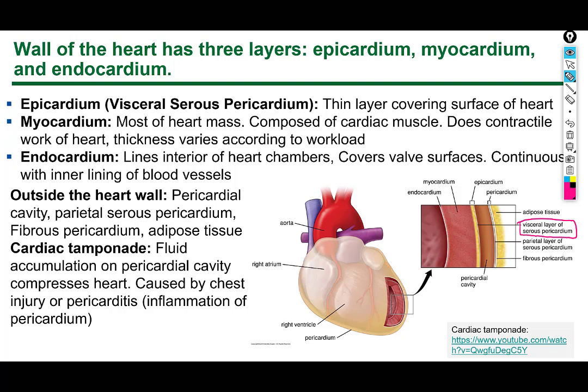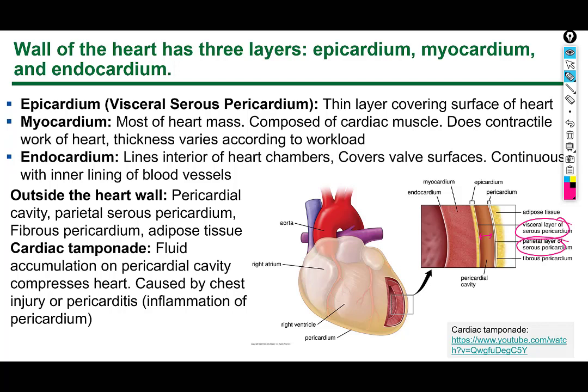Outside the heart wall, there's the pericardial cavity, which is right here. And remember I said that this is supposed to be a potential space, meaning that it's artificially wide here so you can see the difference between the layers, but really the visceral layer and the parietal layer of the serous pericardium are almost touching, and they're separated by a thin film of fluid.